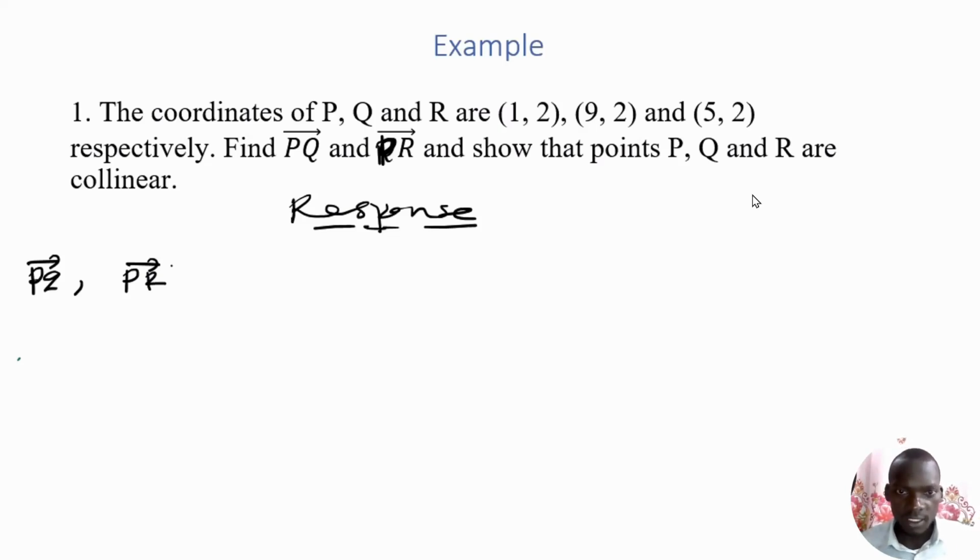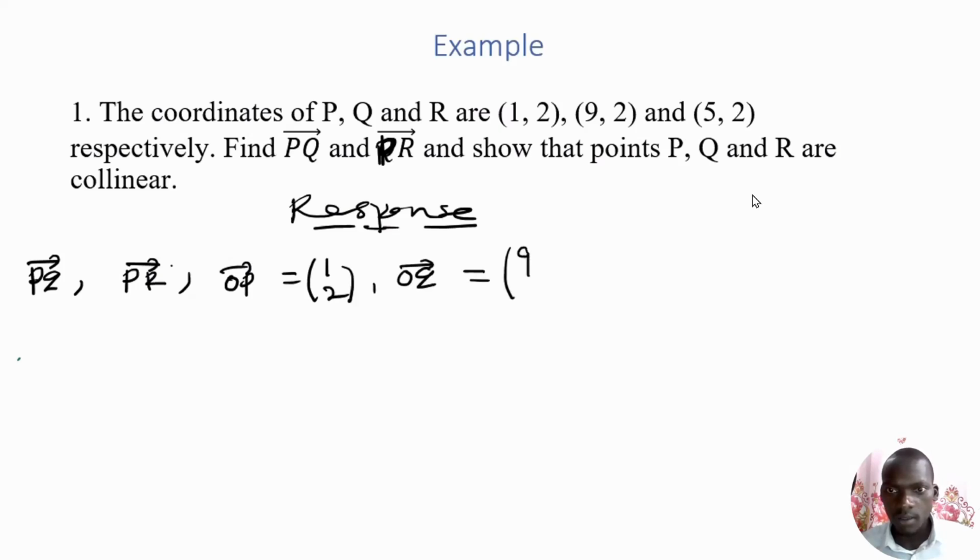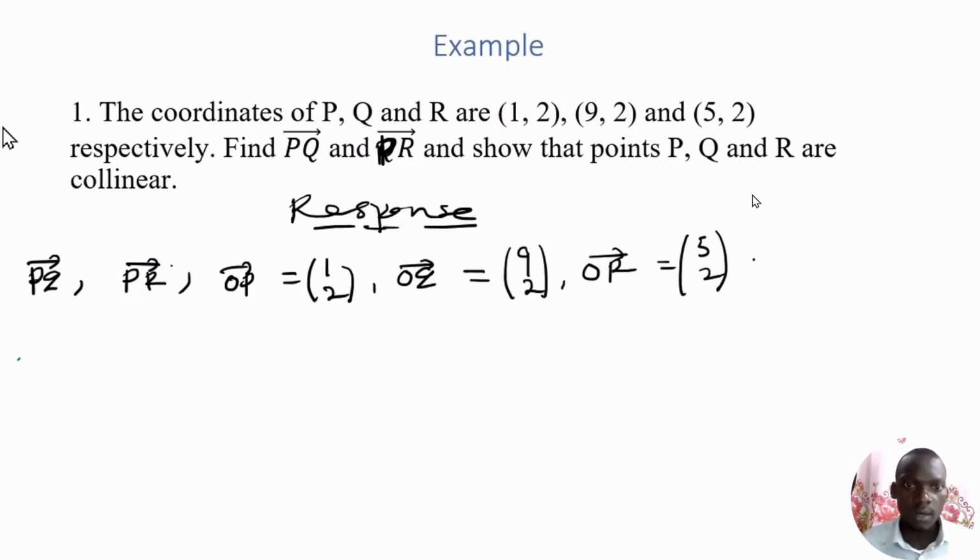Let's now proceed. We have been given points. Point P is (1, 2), implying that our position vector OP equals (1, 2). Our position vector OQ equals (9, 2). Then our position vector OR equals (5, 2). As we proceed, let's get vector PQ.